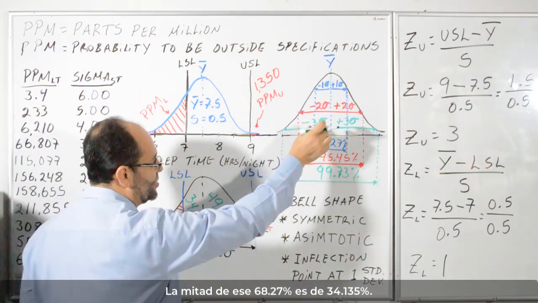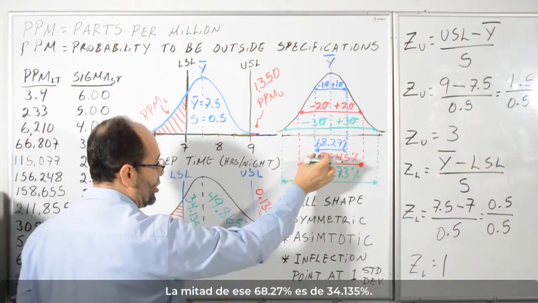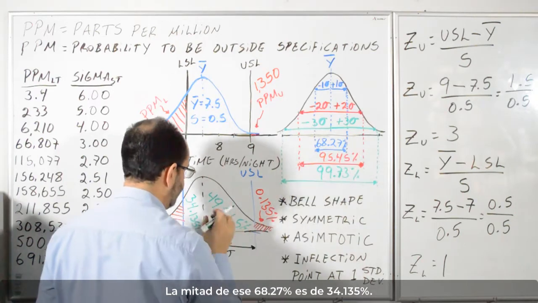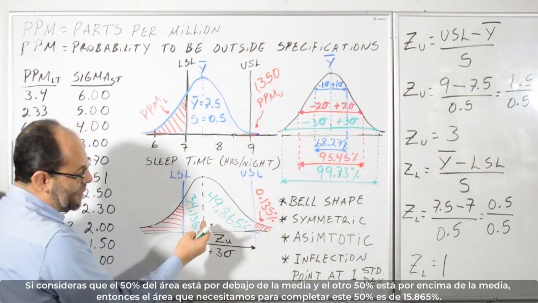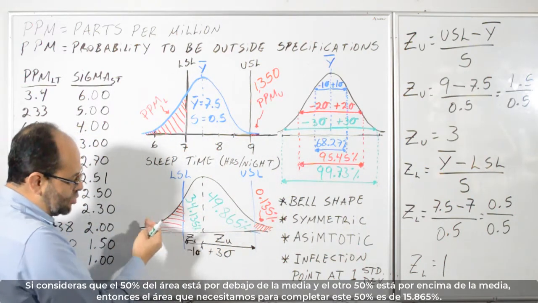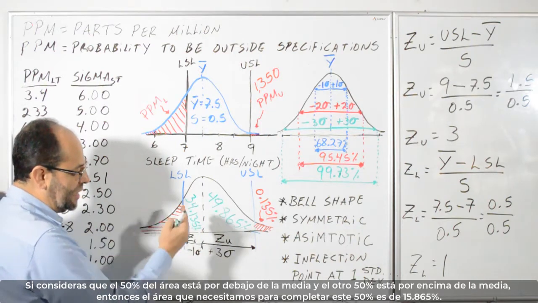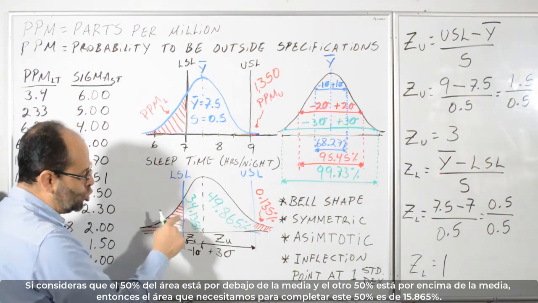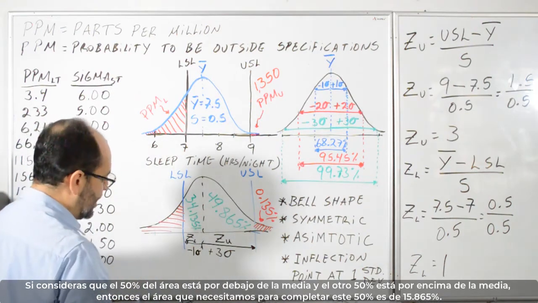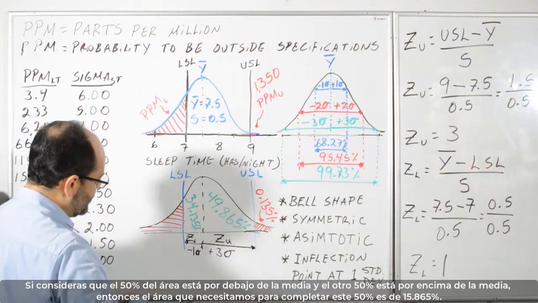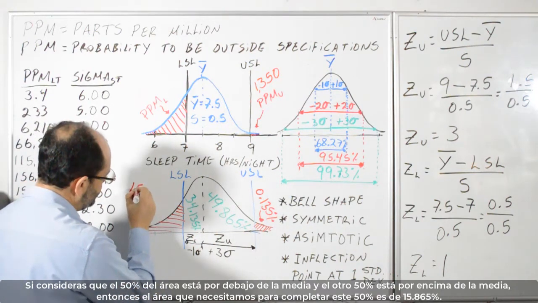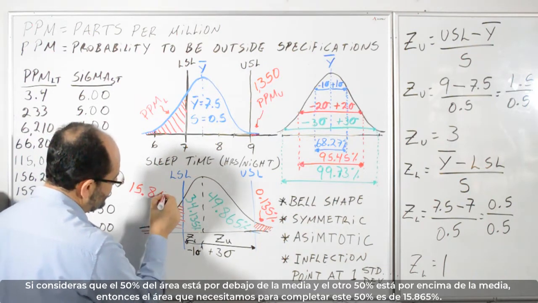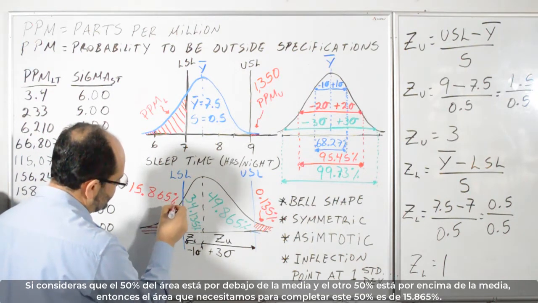So 34.1% of the area will be here, and 34.1% will be here. Keep in mind that 50% of the area is below the mean and 50% is above the mean, so the area that we need to complete the 50% here is something like 15.865%.